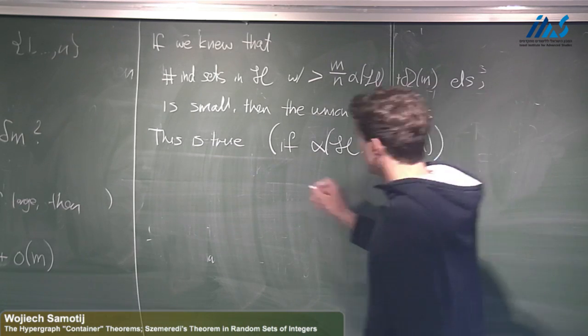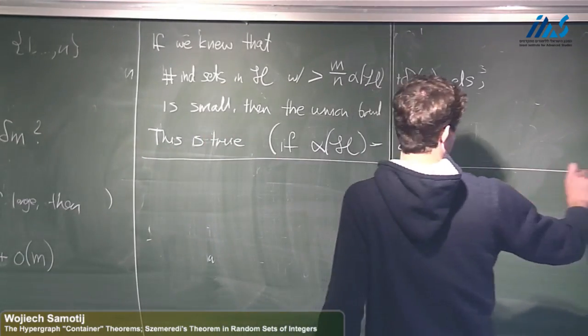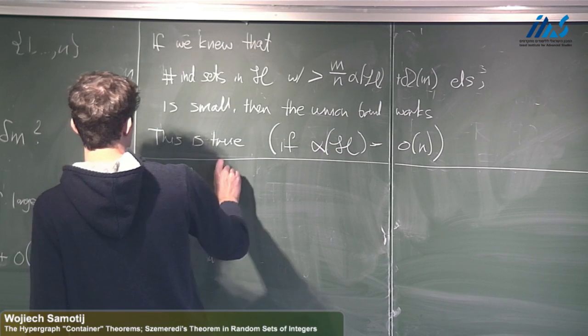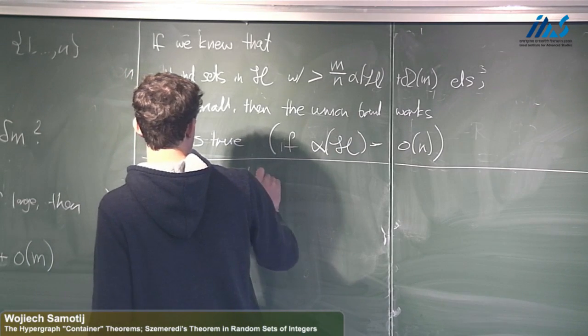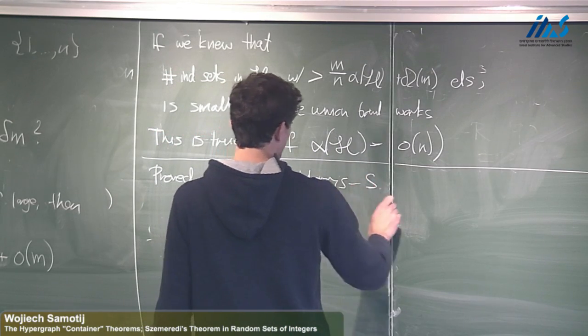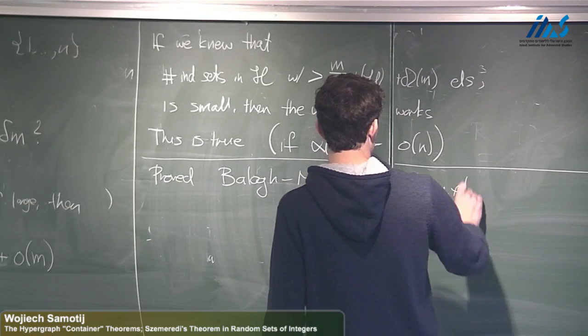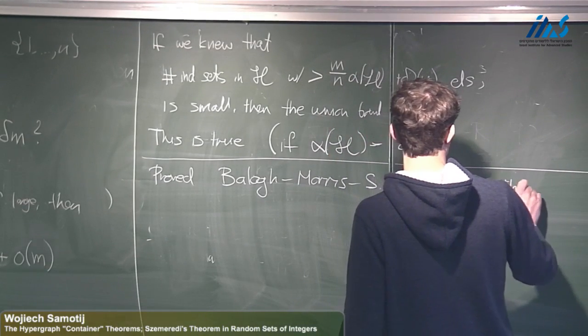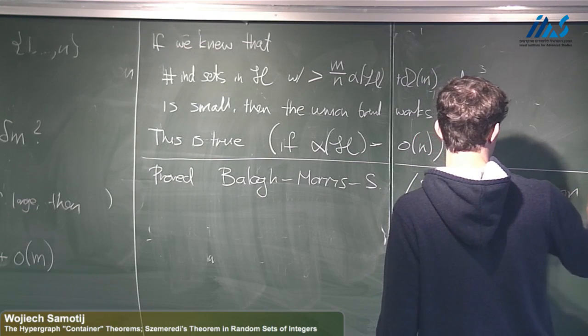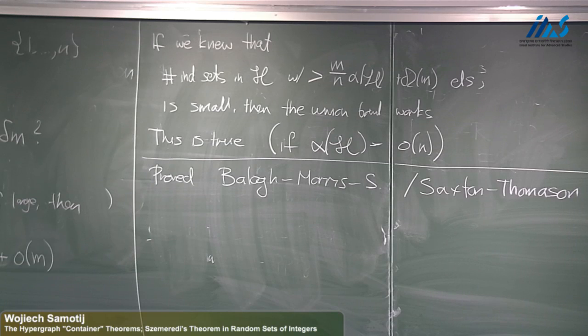So such a bound was proved by Yoshi Balog, Rob Morris, and myself, and independently by David Saxton and Andrew Thomason around 2012. So the theorem that we proved is fairly general.